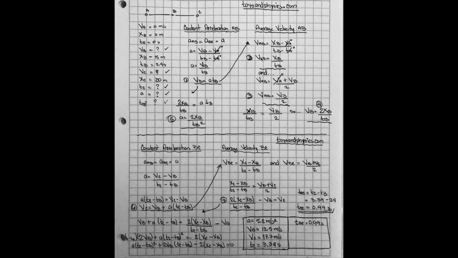So if we simplify this, the average velocity, and that's important, I'm going to make a distinction there, the average velocity from A to B is equal to xB divided by tB. Now, we want to know the velocity in B, not the average velocity. That's important.